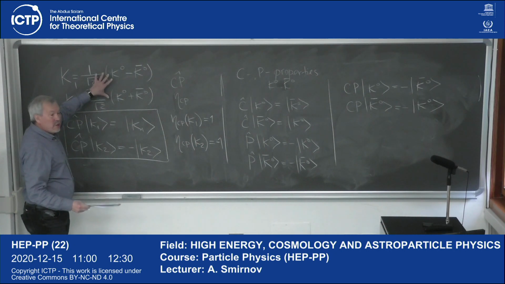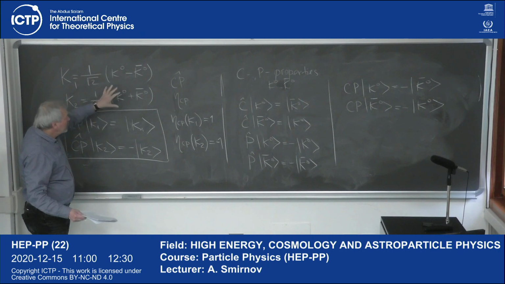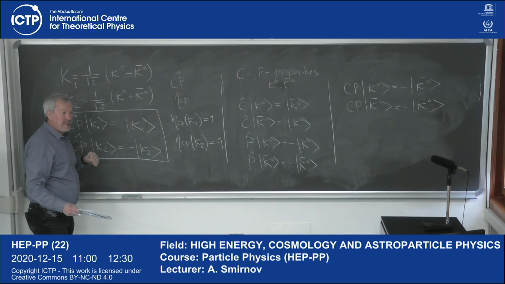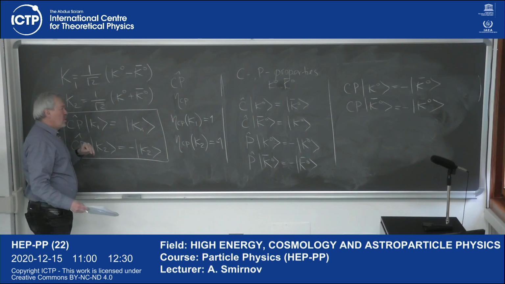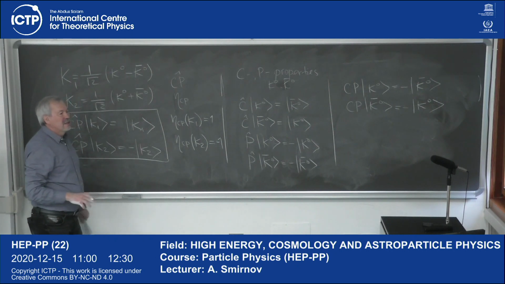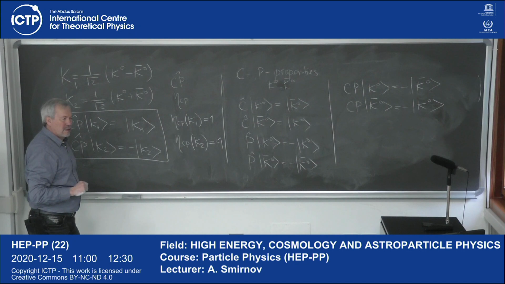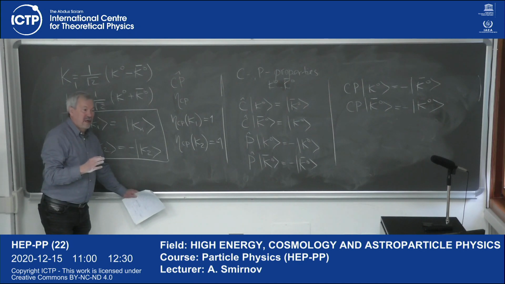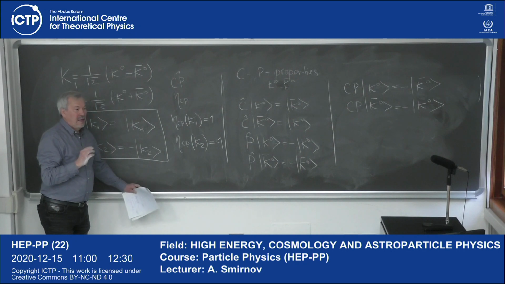So here we deal with mixing of K0 bosons, right? And combinations of K0 and K0 bar have definite properties with respect to CP. So the states K0 and K0 bar are the eigenstates of strong interactions, so to say. Remember, weak interactions also break strangeness.